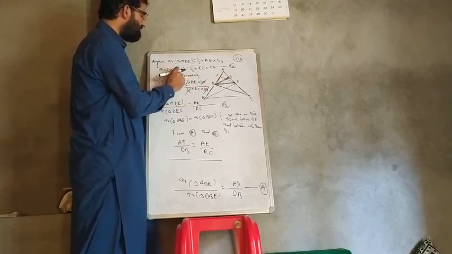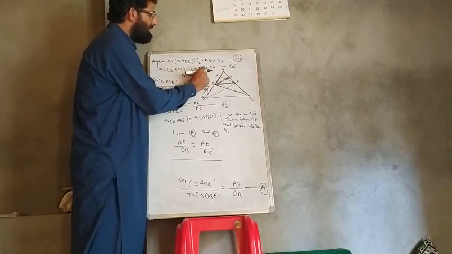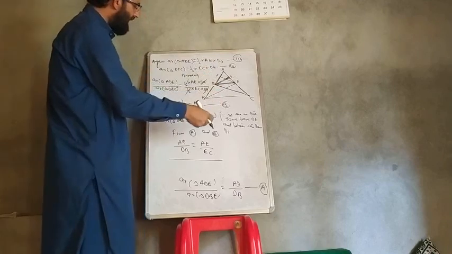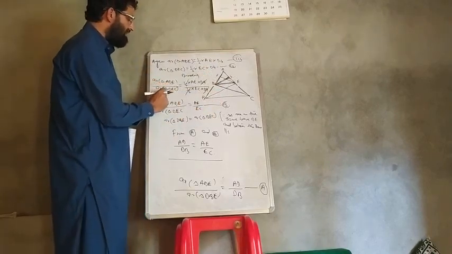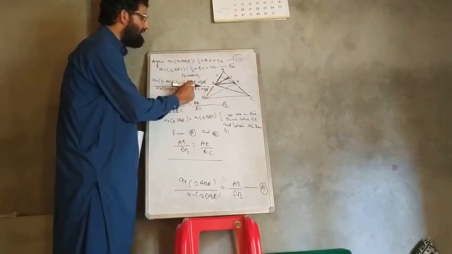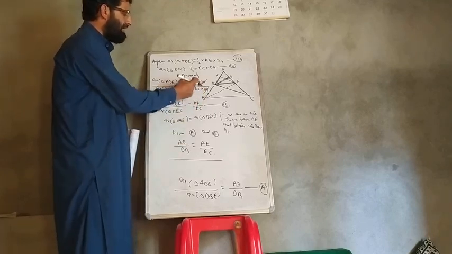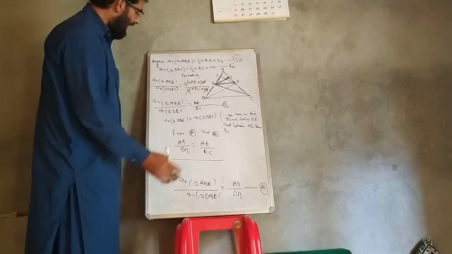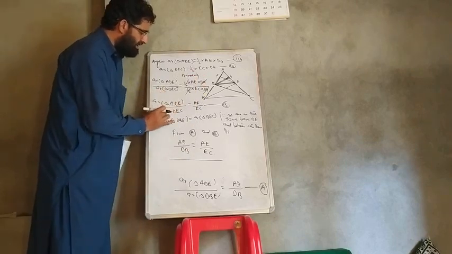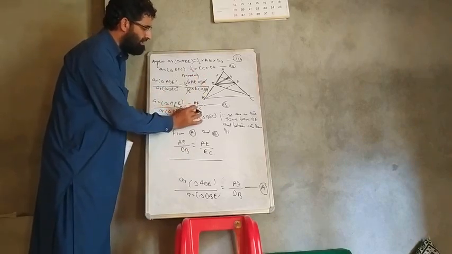So area of DEC is 1 by 2 into EC into DG. Now again dividing, area of ADE divided by area of DEC is 1 by 2 AE into DG over 1 by 2 EC into DG. DG and DG will get cancelled, 1 by 2 will go, and we are left with area of ADE divided by DEC is AE divided by EC.